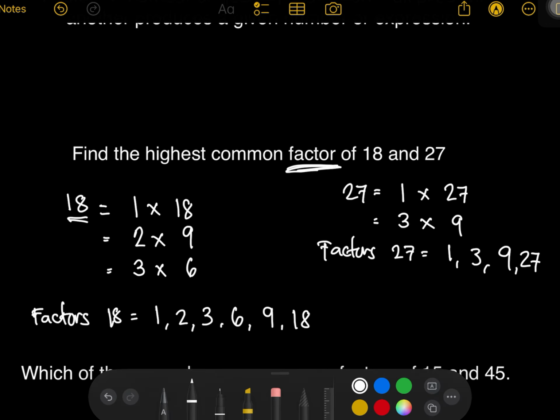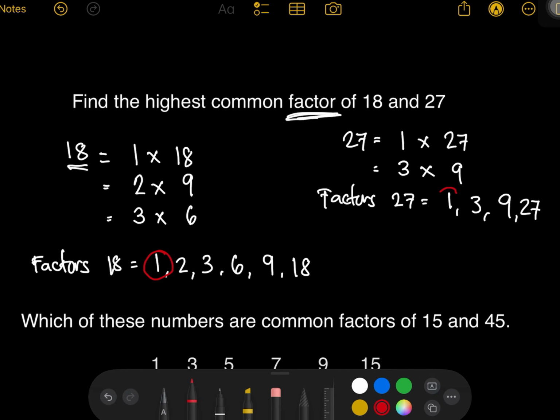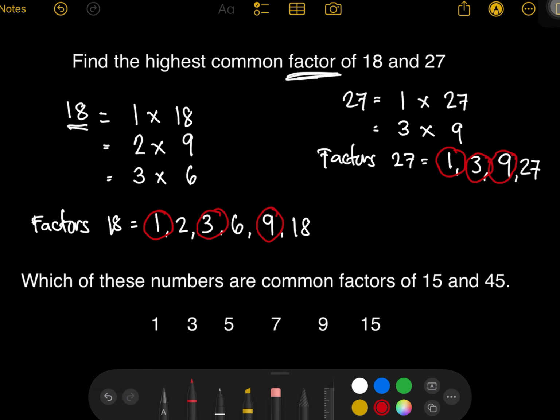Now take a look at this. As you can see, 1 and 1 are the same. 3 and 3 are also the same. 9 and 9 are also the same.